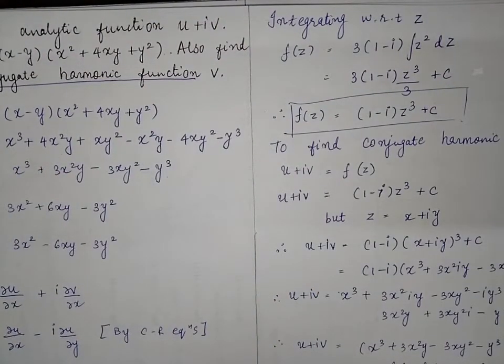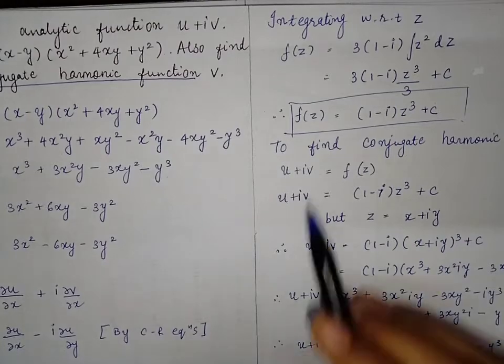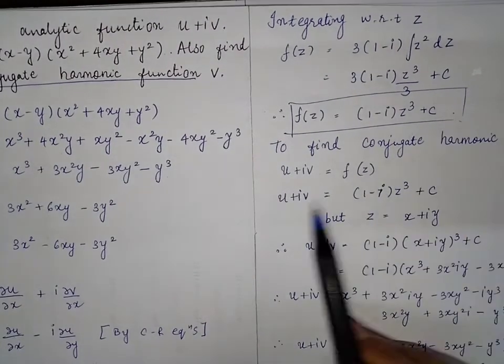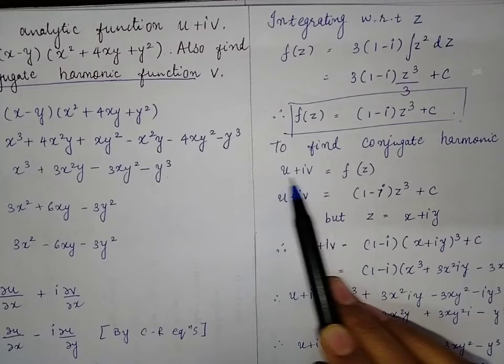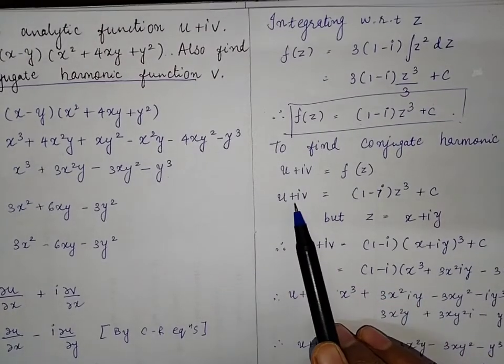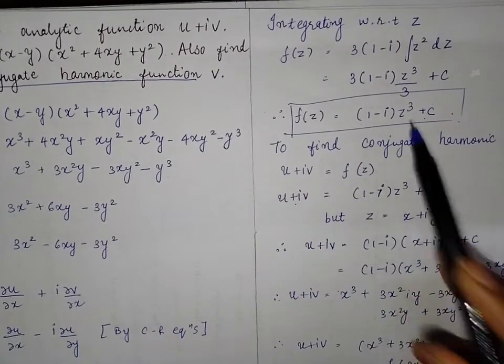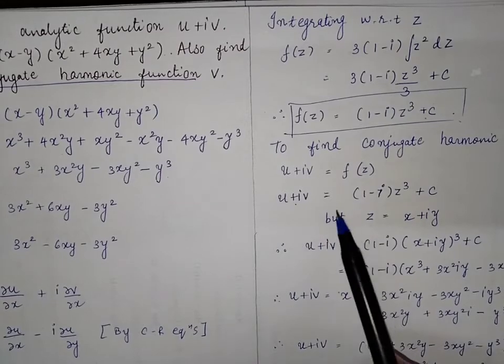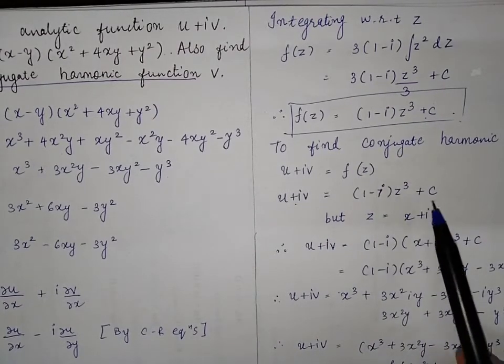But now it is also asked to find the conjugate harmonic function, and we all know how to find the condition of conjugate harmonic function. We can write that f of z is equal to u plus iv. So u plus iv is equal to 1 minus i into z cube plus c.